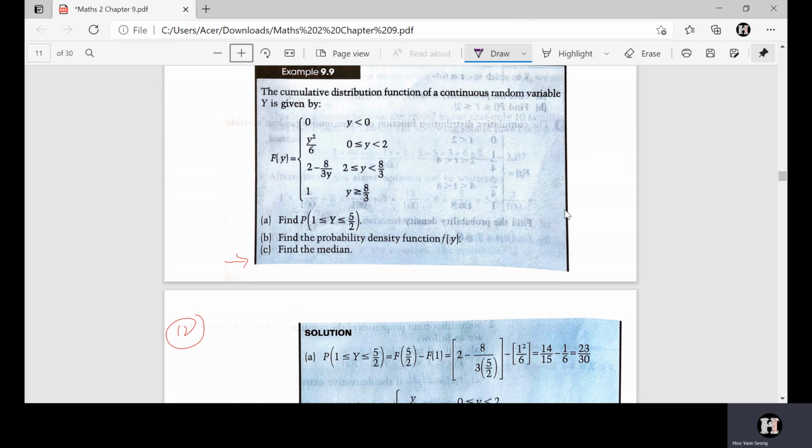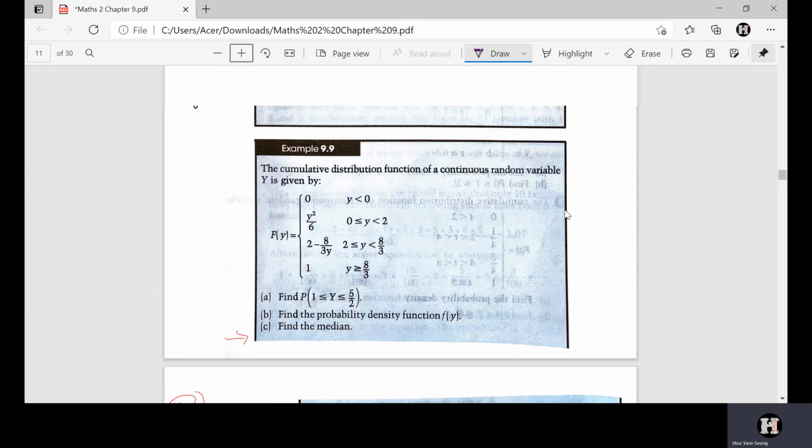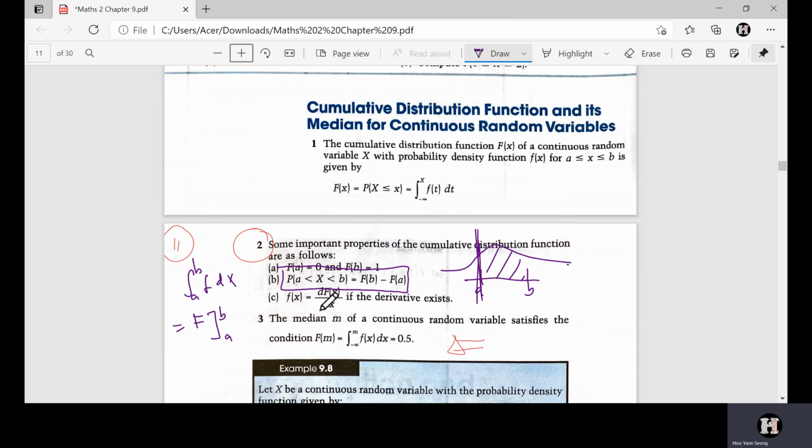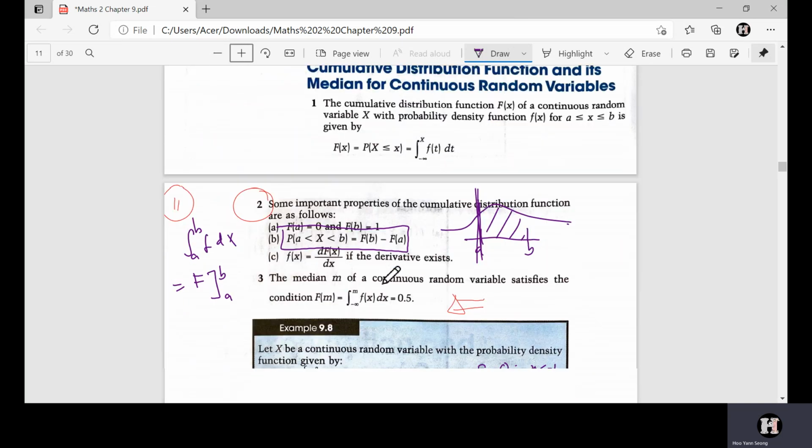And like I mentioned just now, if you see here, the probability density comes after finding the probability in between 1 and 5 over 2. You already know one thing: you no need to integrate. Then you check where 1 and 5 over 2 are located. By the definition I said just now, the most important part, PAB is this one.